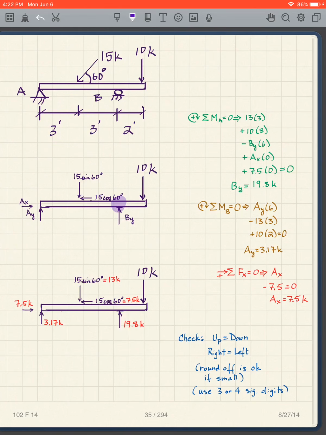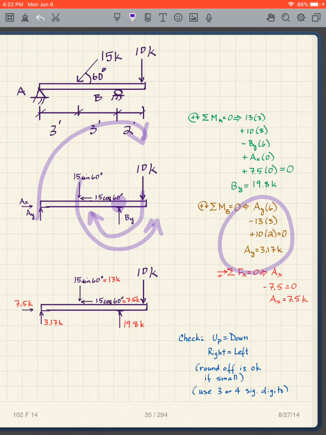This is 13 kips times 3. This is 10 times 2. And then the signs are what? That's clockwise, so it's positive. Counterclockwise, it's negative. Clockwise, it's positive.